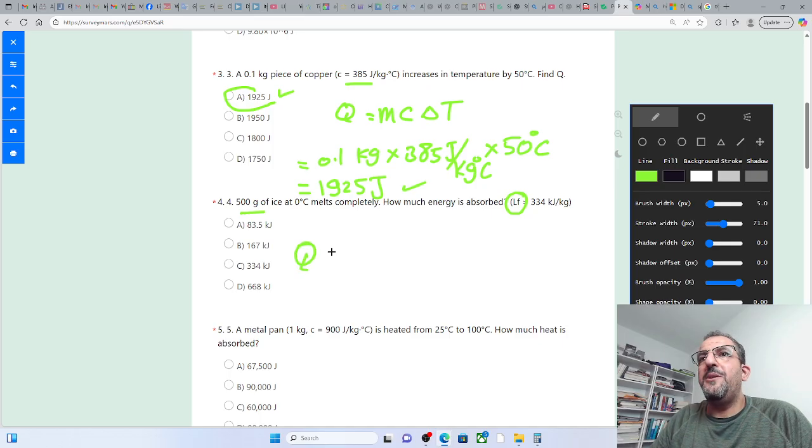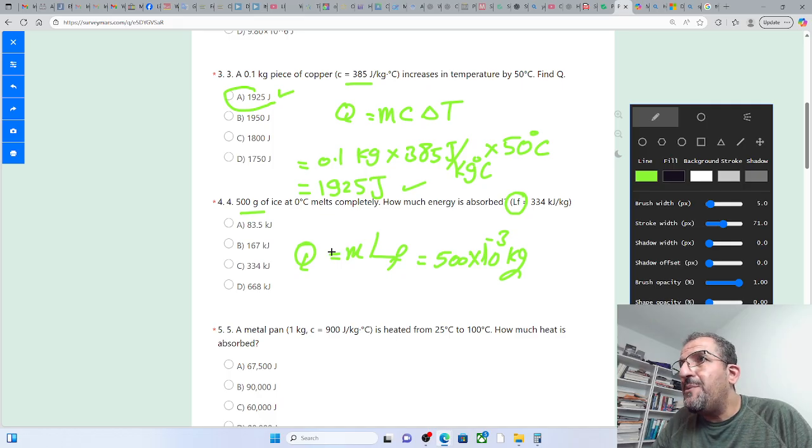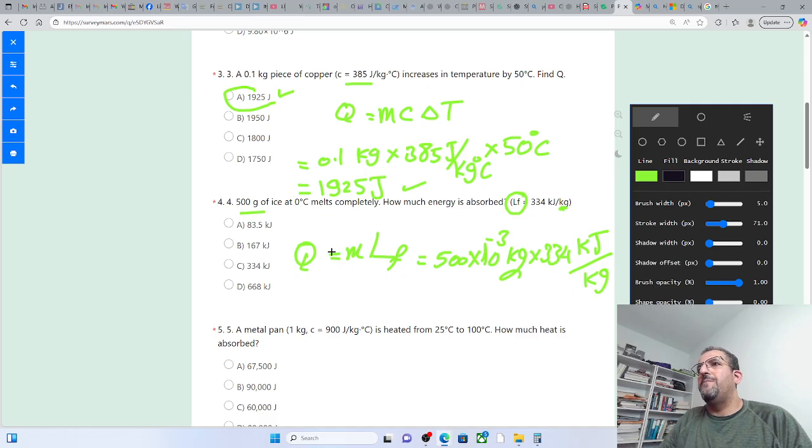So simply you can do Q is equal to mass times latent heat for fusion, and that's equal to 500 times 10 to the power minus 3 kilograms. So you need to convert to kilogram to match the kilogram here. Okay, times 334 kilojoule over kilogram.